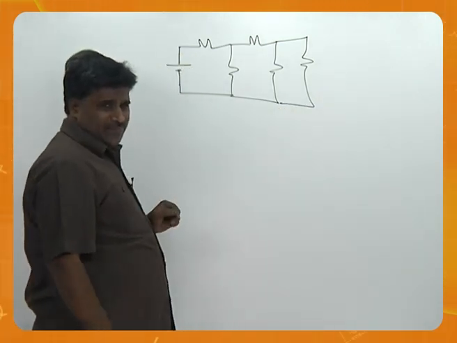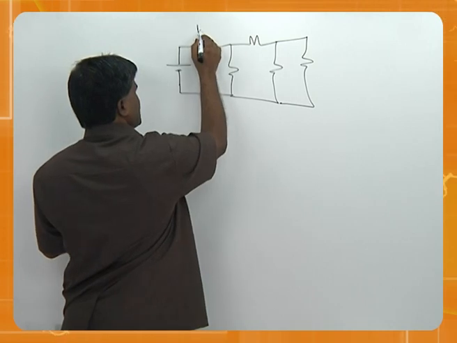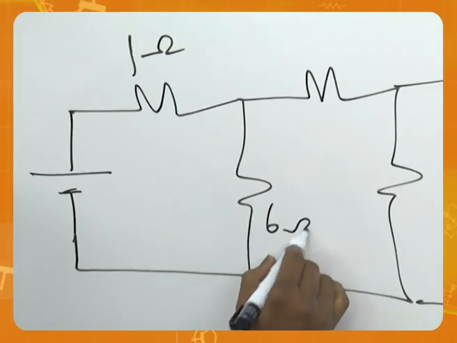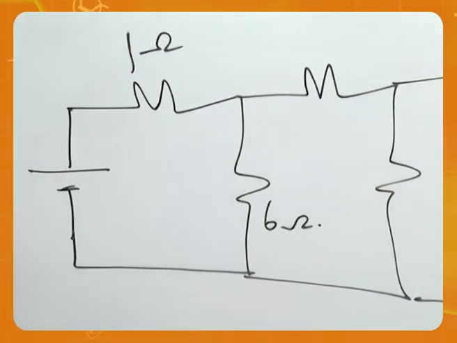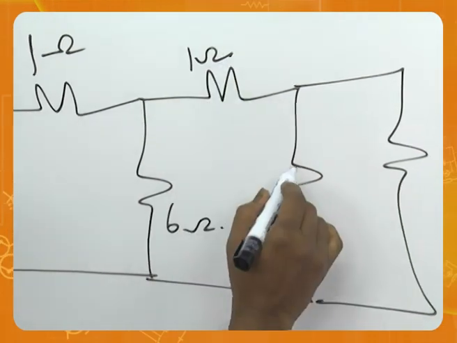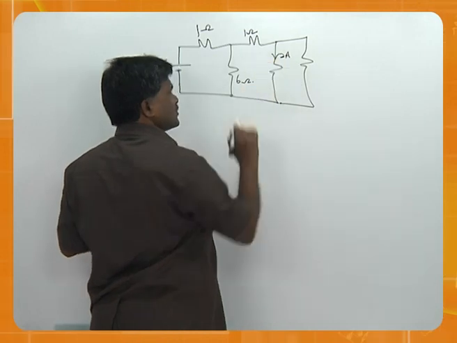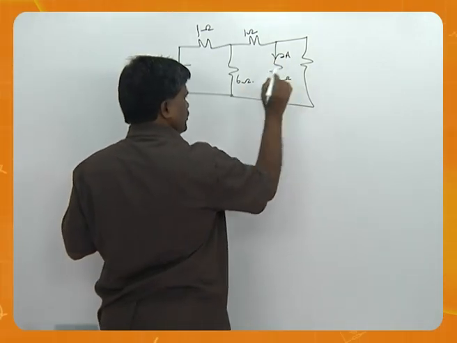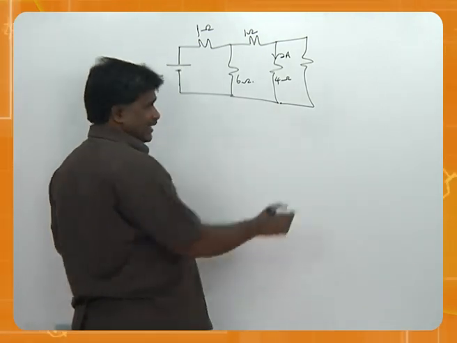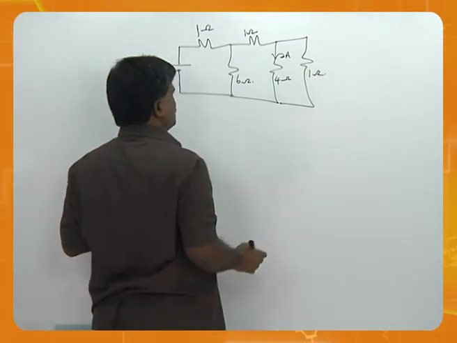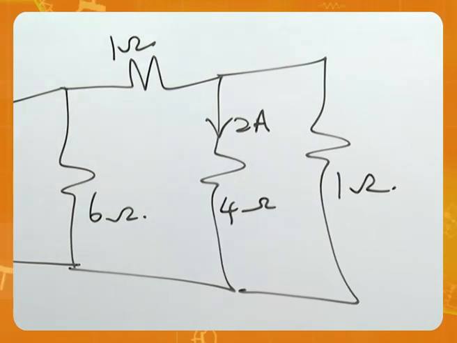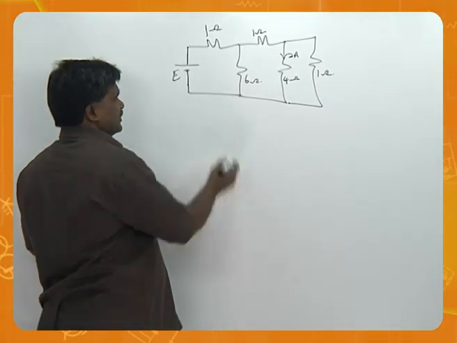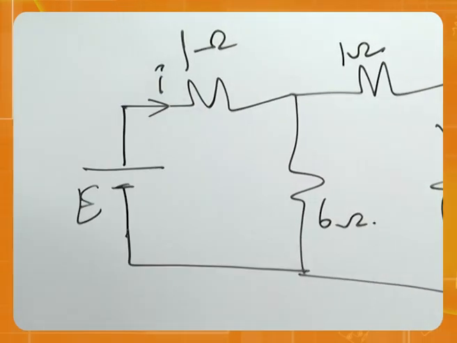The values are 1 ohm, 6 ohms, then 1 ohm. This current is given as 2 amperes. This is 4 ohms, and the last one is 1 ohm. And what are you supposed to calculate? You are supposed to calculate this voltage E and this current I.